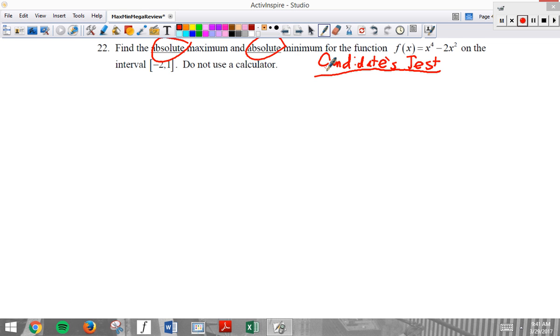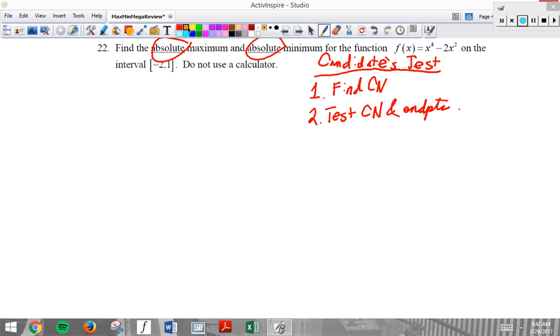So, two steps. One, find critical numbers. And two, test the critical numbers and endpoints. That's all there is to the candidates test. So here I go.